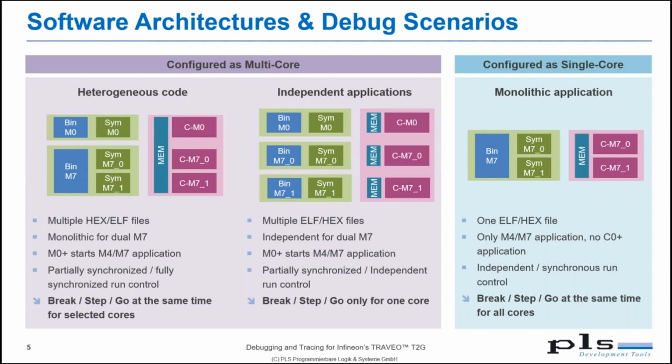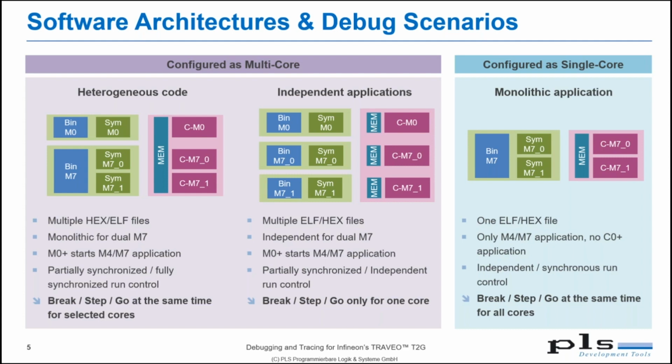The typical boot configuration is multi-core, and then you can also configure the device to act like a single core system. In the multi-core configuration, it is always the case that at first the Cortex M0 Plus or the HSM core is booted and the application there is launched.